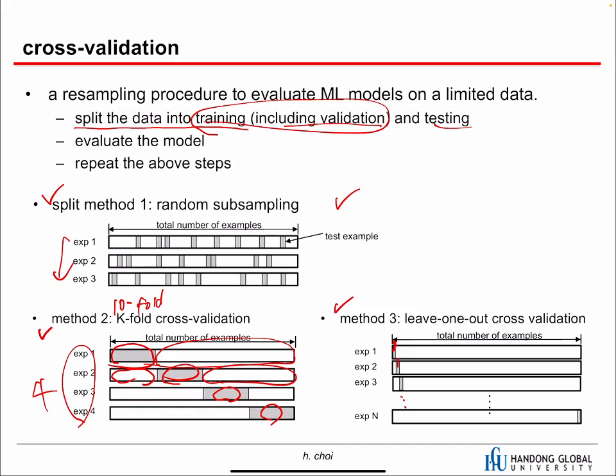We have n samples, so we can run n times. So we can evaluate the machine learning algorithms on these n experiments, and then we can take an average of this accuracy or the evaluation metrics, and then we can say which one is the best model. That's cross-validation.